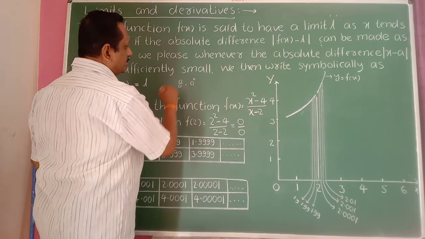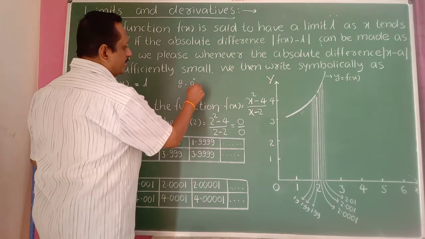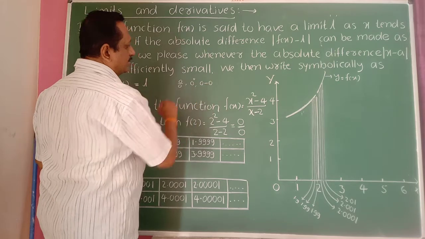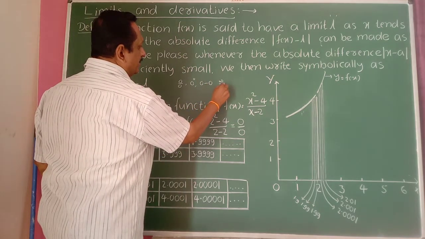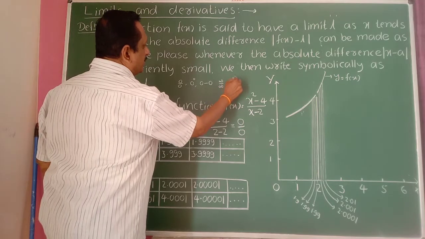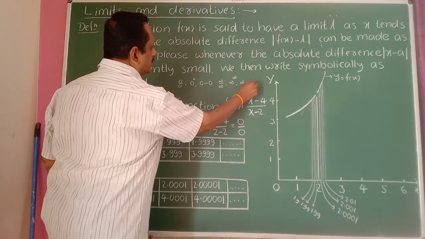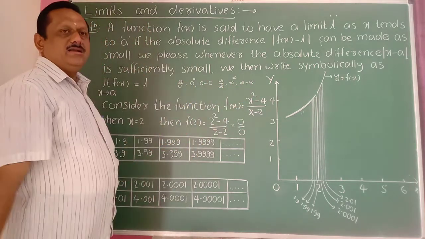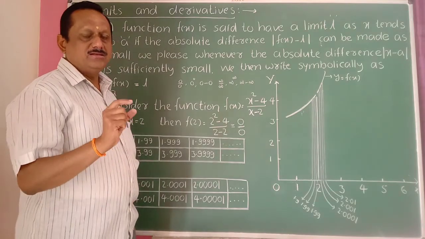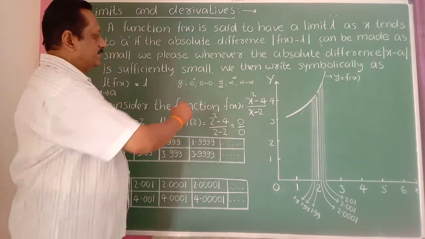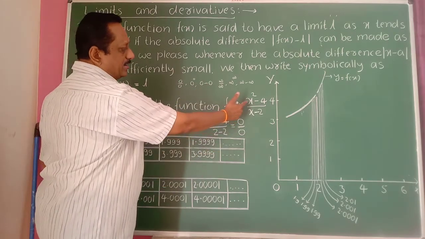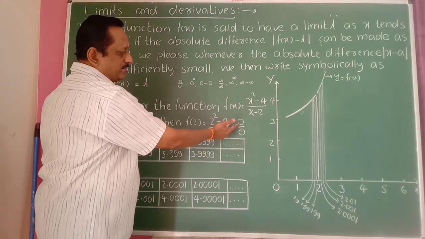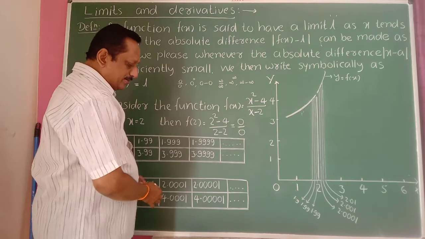0 raised to 0 is also an indeterminate form. Similarly infinity divided by infinity, infinity raised to infinity, infinity minus infinity, these are all indeterminate forms, meaning they are not a particular number. Therefore, at x equal to 2, the function gives a 0 upon 0 indeterminate form.